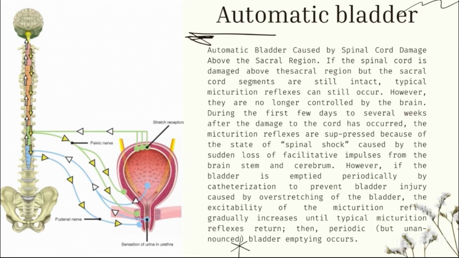However, if the bladder is still emptied periodically by catheterization to prevent bladder injury caused by overstretching of the bladder, the excitability of the micturition reflex gradually increases until typical micturition reflexes return. Then, periodic bladder emptying occurs.